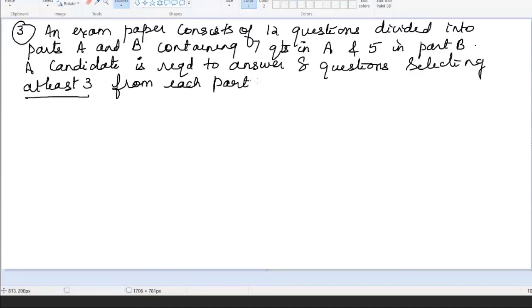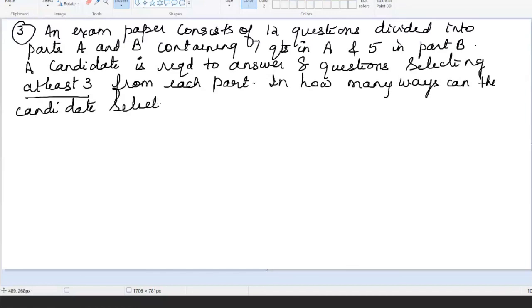Full stop. In how many ways can the candidate select the questions?